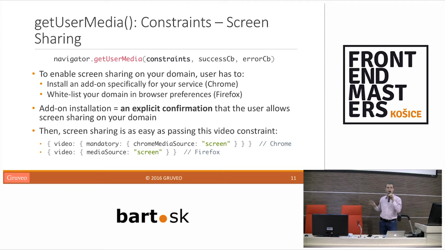And in Firefox, the user needs to add the domain name of your service to a special configuration string. So quite a few hoops for the user to jump through, but it's all manageable. And the end result is that you can implement screen sharing with WebRTC, basically send a picture of the screen to the other user in a peer-to-peer manner.